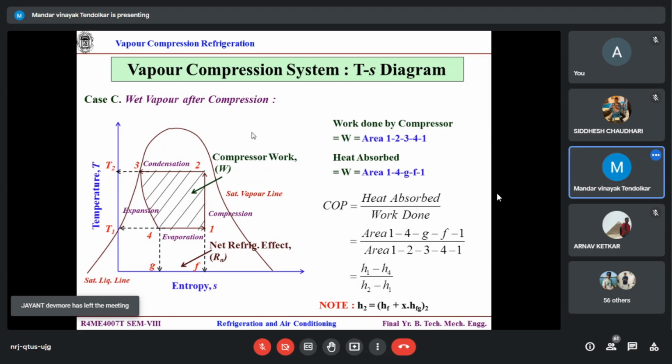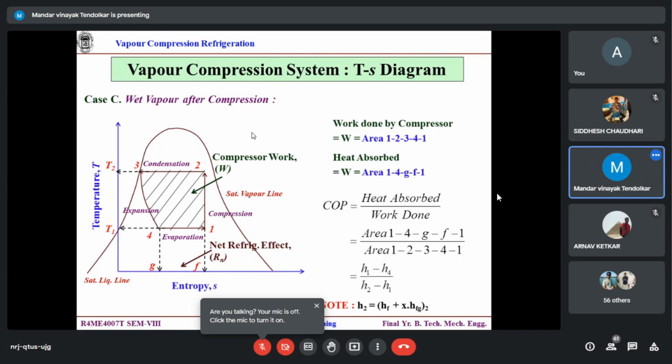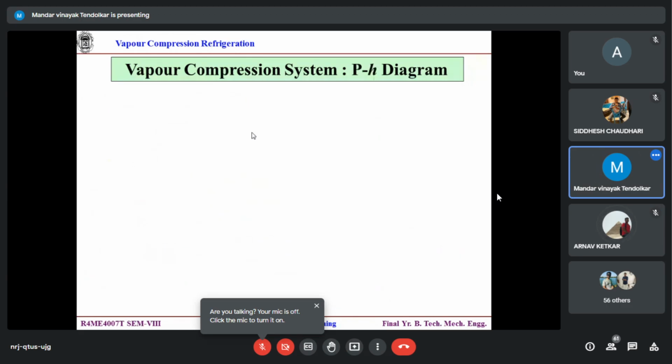So we have to somehow manage the balance between these. How much would be the percentage increase in the evaporation load, and how much would be the percentage increase in the compressor work required? If I can manage it, I can enhance the COP. Agree?